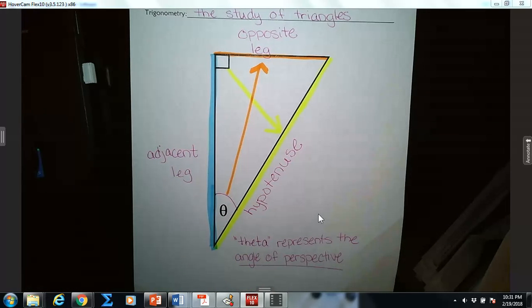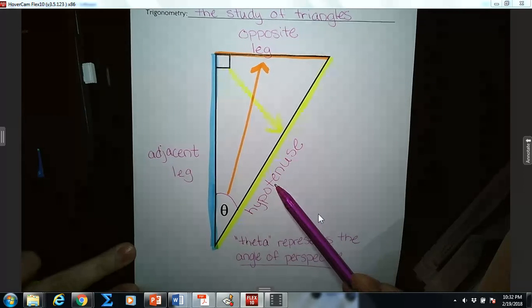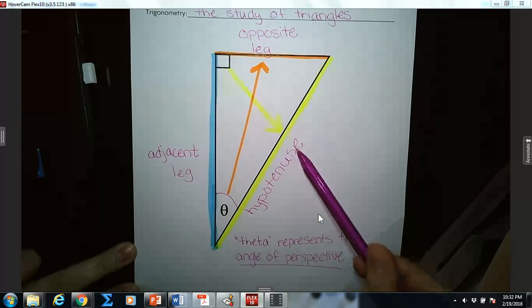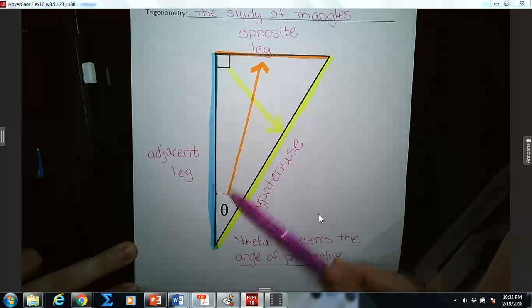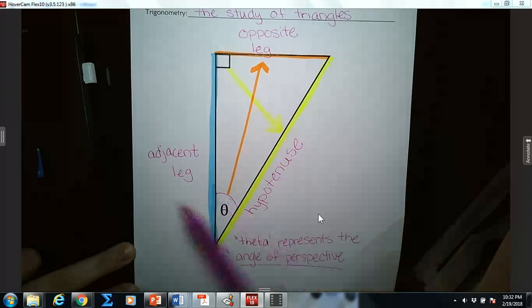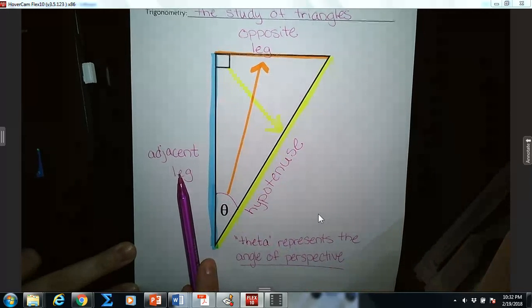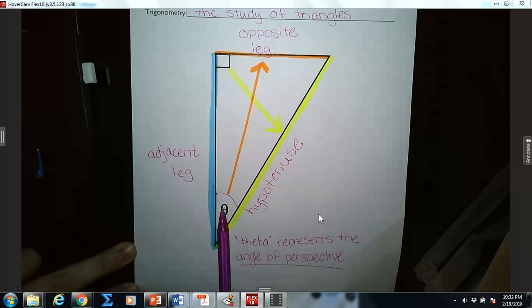So now each side of the triangle has a very specific name, and each side's name represents where it is. We've got the hypotenuse, which is across from the 90-degree angle, the opposite leg, which is opposite from the angle of perspective, and the adjacent leg, which is adjacent to the angle of perspective.